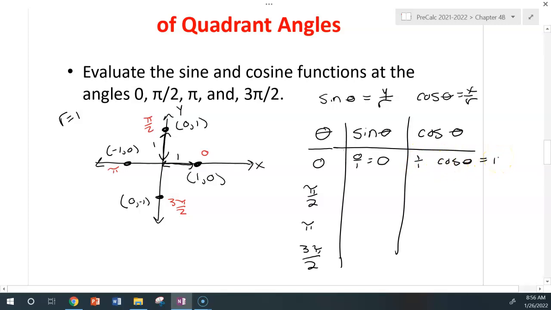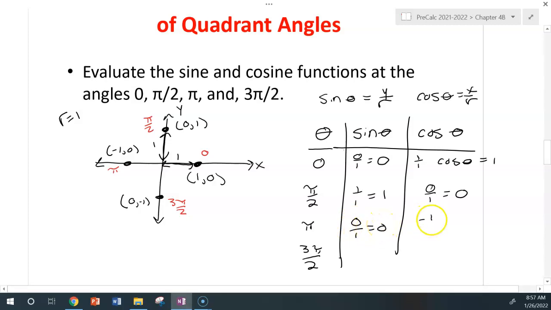Okay, pi over 2, sine of theta is going to be 1 over 1. That equals 1. Cosine of theta, 0 over 1 equals 0. Pi, sine of theta, 0 over 1 equals 0.